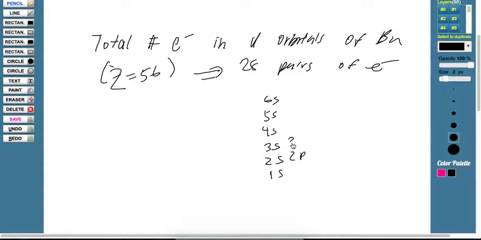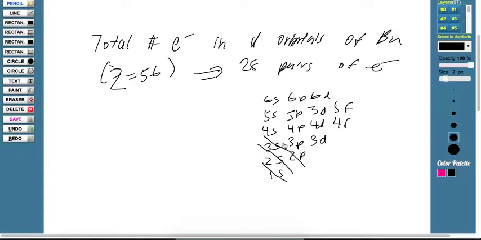Then we have the 2p, 3p, 4p, 5p, 6p. And then we have 3d, 4d, 5d, 6d. And then we have the 4f, 5f. So it's going to be like this, and that's all we'll need.